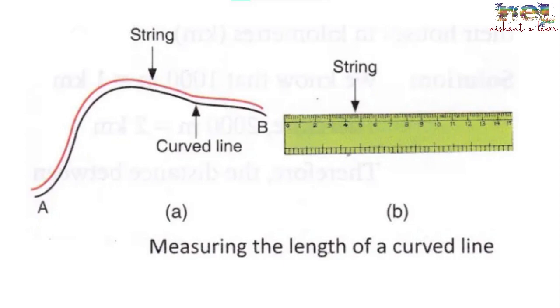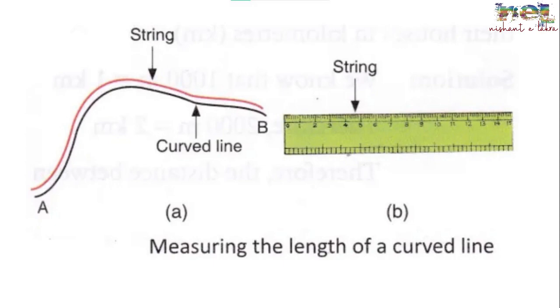We cannot measure the length of a curved line by using a scale directly, because the scale cannot be curved or put as a wavy object. The length of a curved line can be measured by using a thread and a scale. It's not that you cannot measure a curved or wavy line. You can still measure a wavy line by using a thread and a scale.